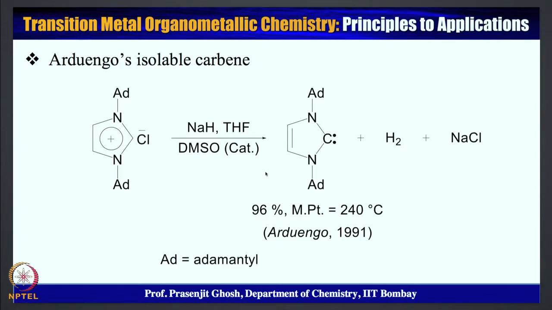Now, as mentioned in our earlier discussion, Arduengo succeeded in preparing free NHCs, and he did that by putting steric bulk on the nitrogen substituent, which would prevent the free carbene from dimerizing. This was successfully done by putting adamantyl as the N substituents, which led to isolation of the free carbene.